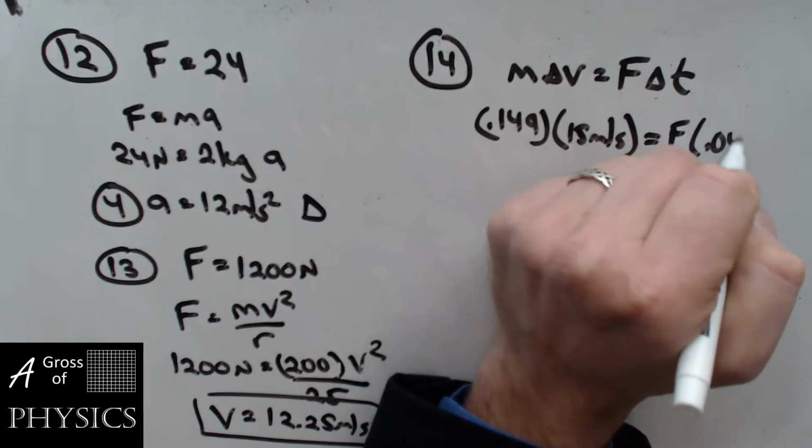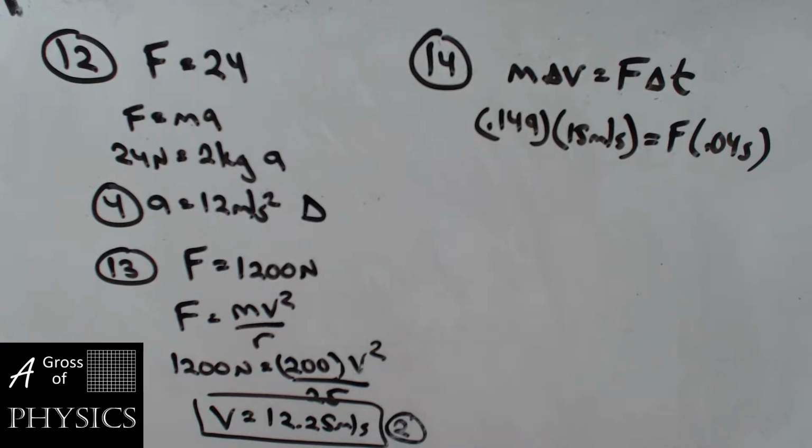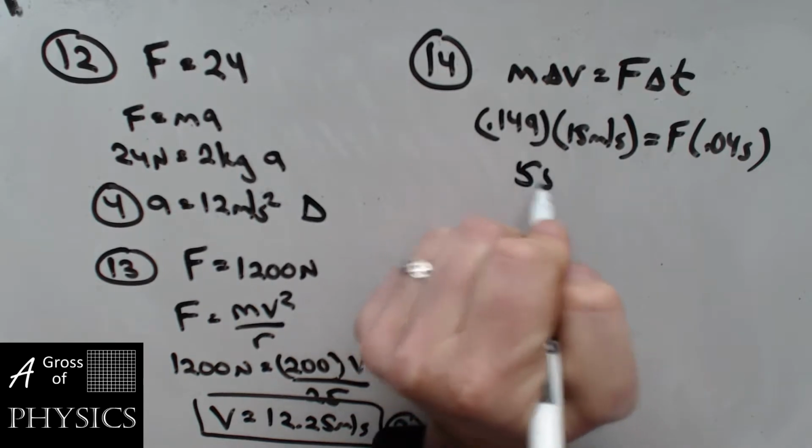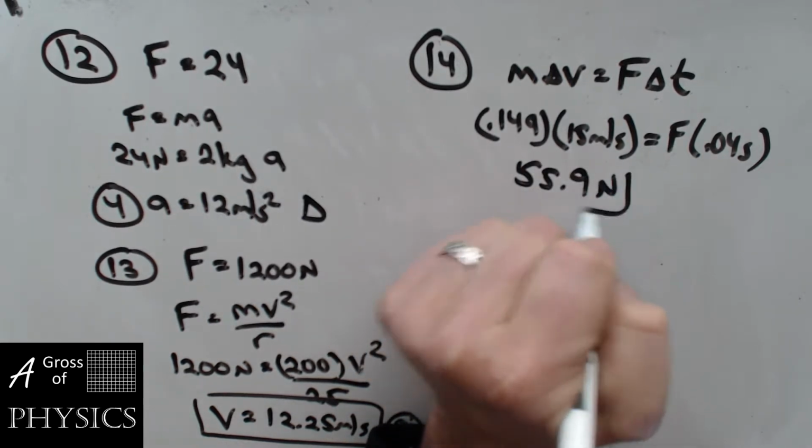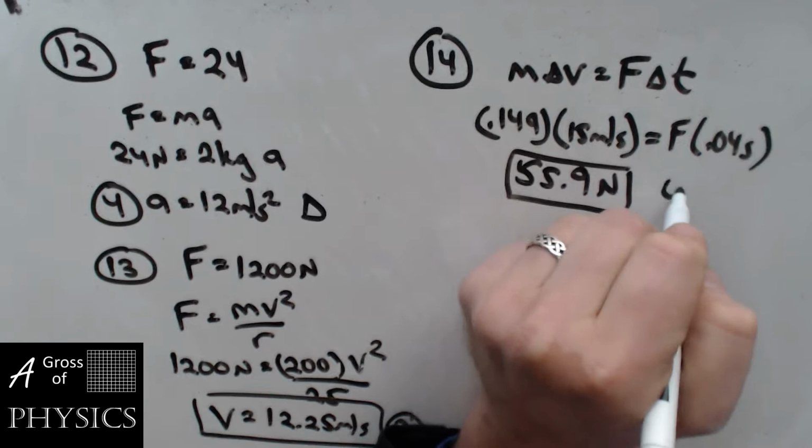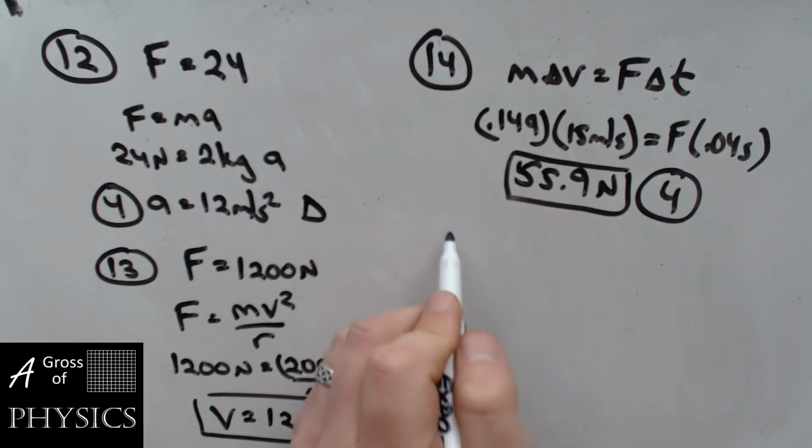F, 0.04 seconds. Solve for F. 0.149 times 15 divided by 0.04, 55.9 newtons, which is closest to 56, choice 4.